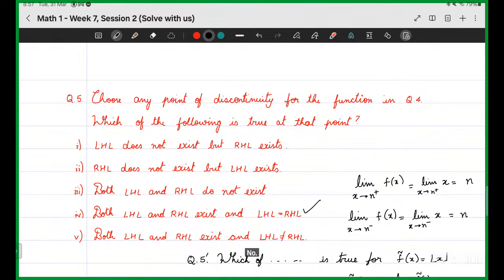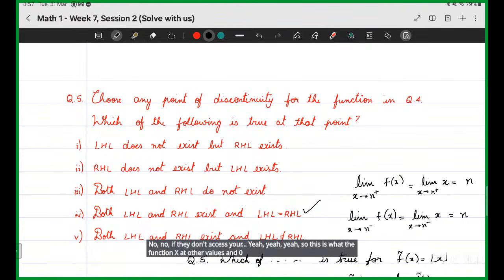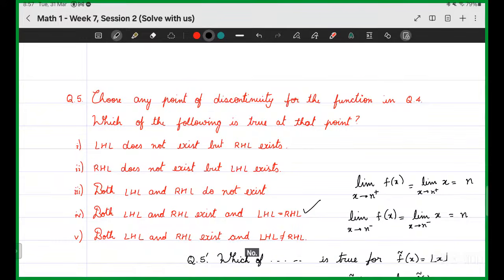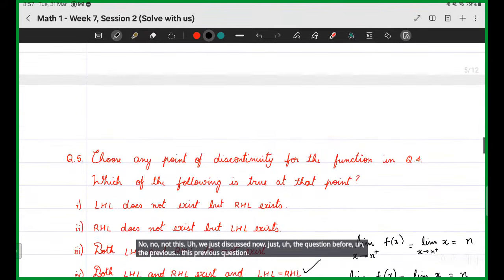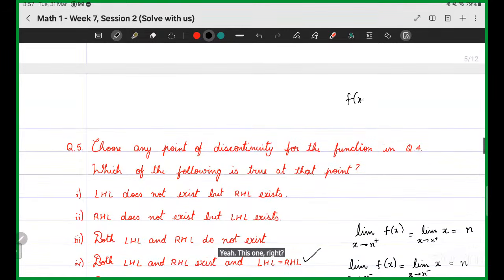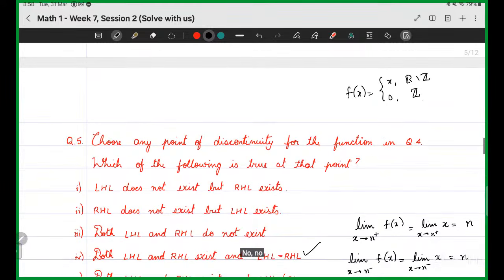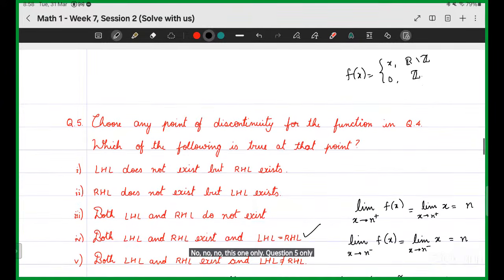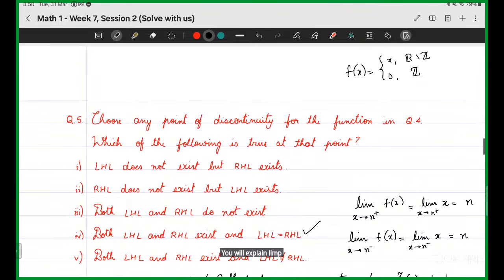No, the previous question we discussed, right hand limit tends to n, left hand limit tends to n.